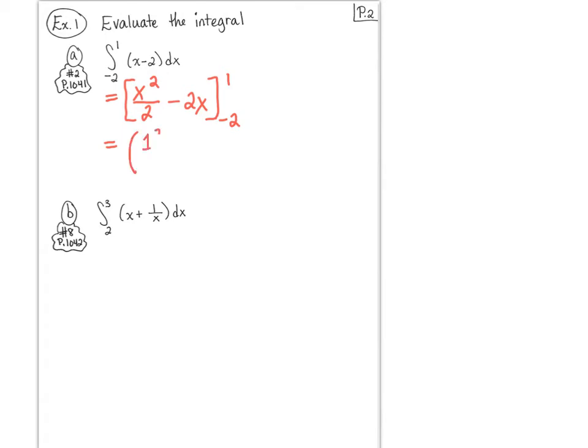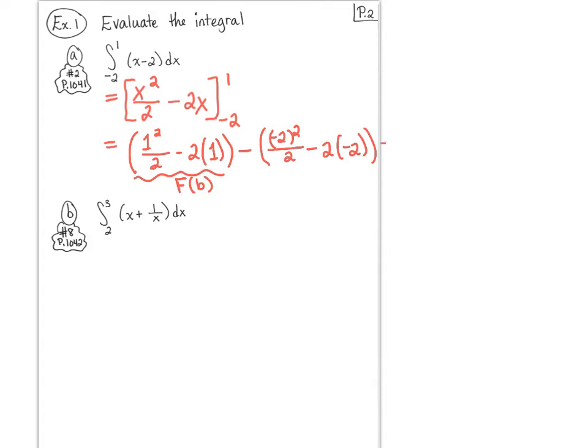So, we get 1 squared divided by 2 minus 2 times 1, minus, so this is your F of b, minus the quantity -2 squared divided by 2 minus 2 times negative 2.